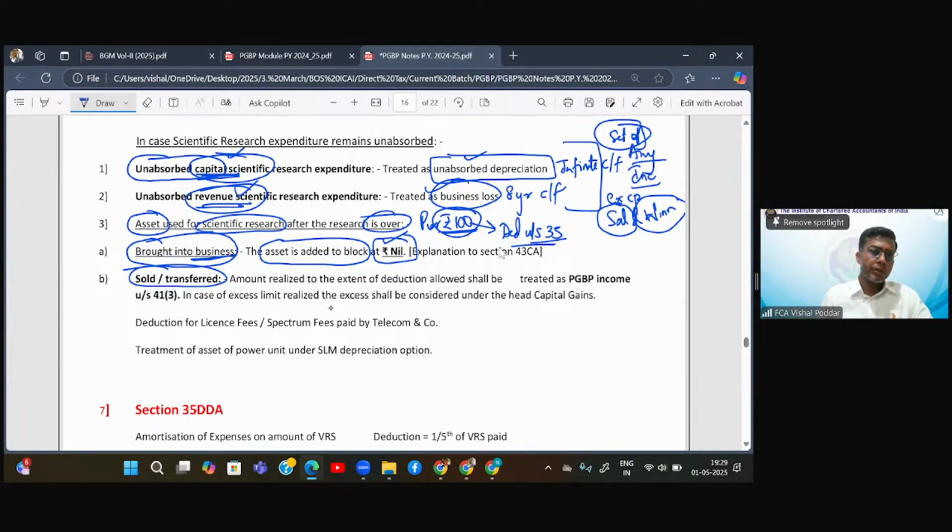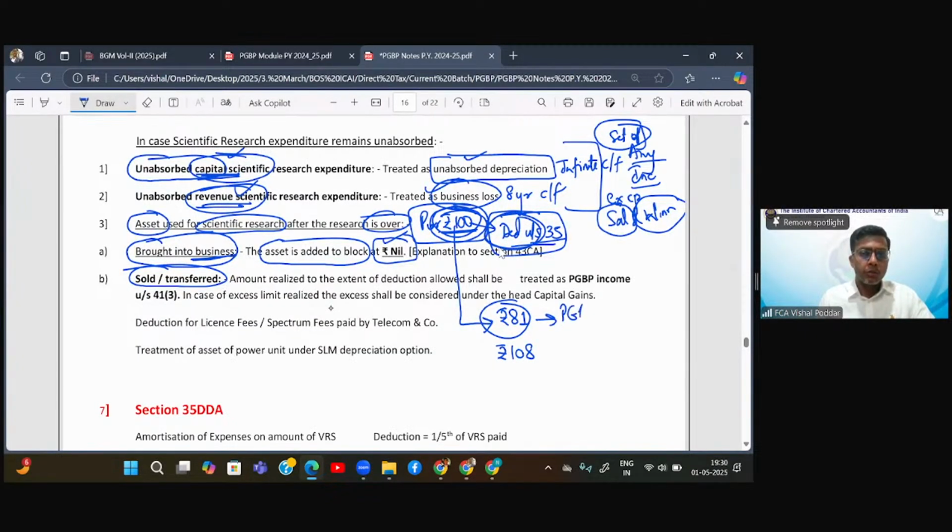What will happen now? Same logic what we discussed some time back. I have sold this asset. The asset was for 100 and I have taken entire 100 rupees as deduction. Now let us say the asset is sold for 81 or the asset is sold for 108. What will happen? This 81 is nothing but the recovery of the deduction which I have already claimed.